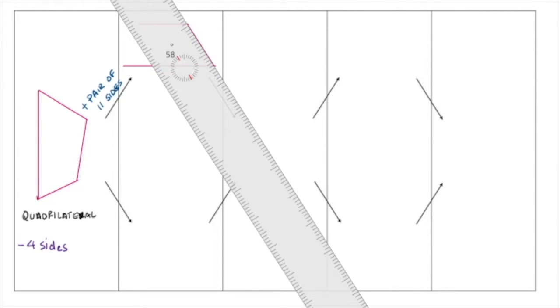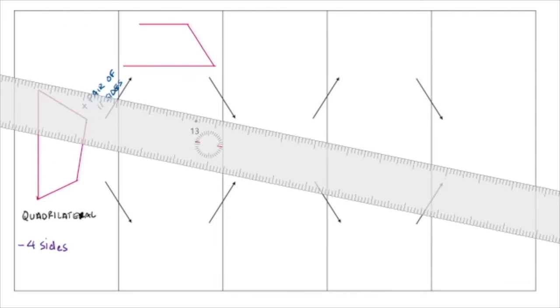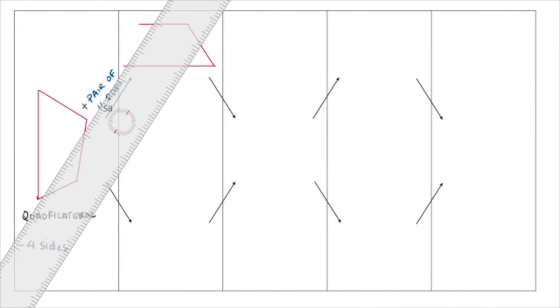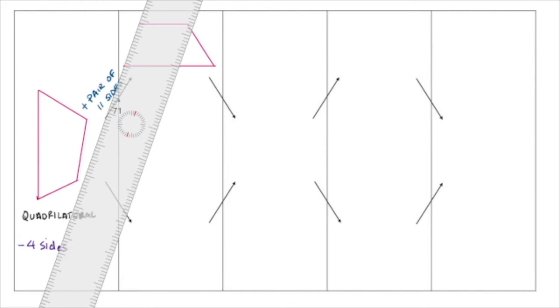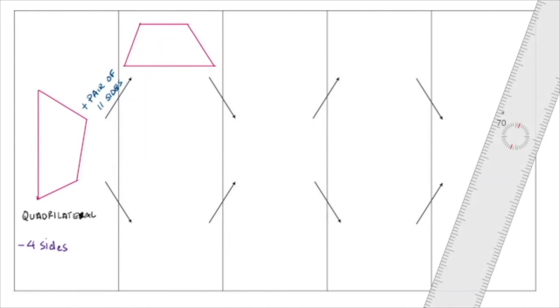And hopefully you're drawing just a little bit better than I am, and making good use of your ruler. Okay, so there's our trapezium. You might even find it referred to in some American material as a trapezoid, but here we're going to call it a trapezium.